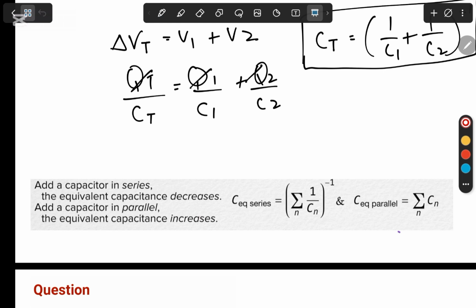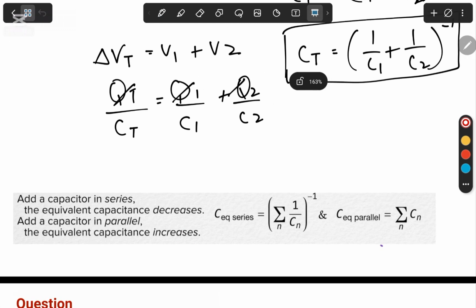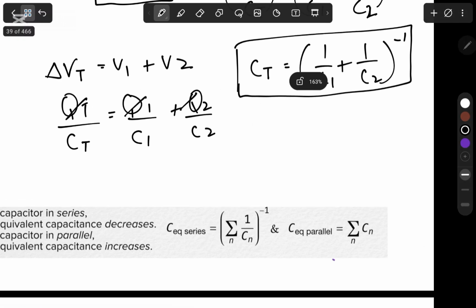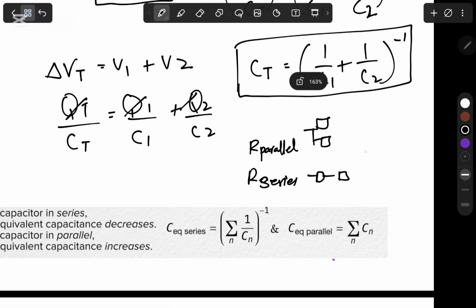Okay, so basically this is the same way we thought of resistance in parallel and series. Let me just write that down. So when we had resistance in parallel and then resistance in series. Okay, if you remember, if we add resistors in parallel to each other, the effective resistance would decrease.